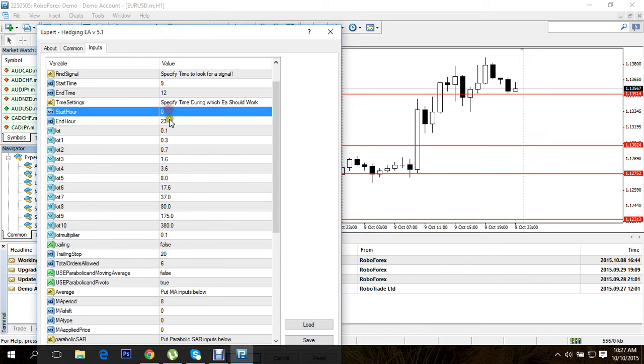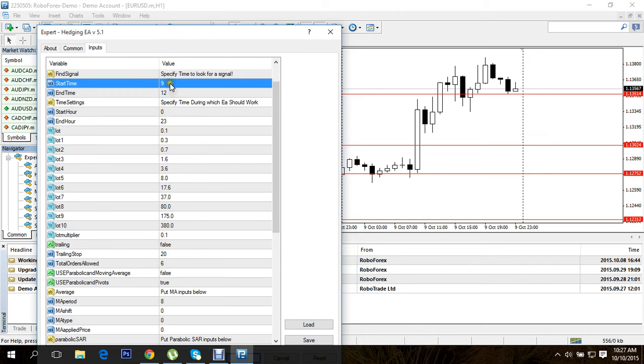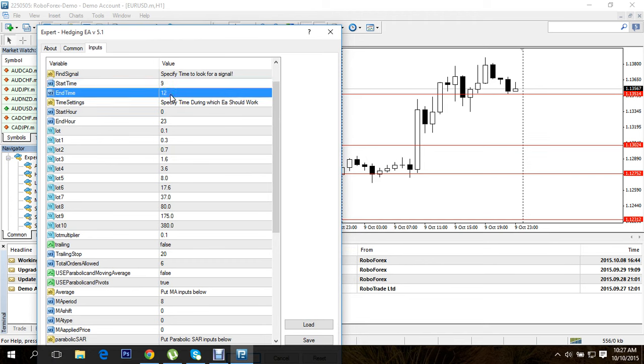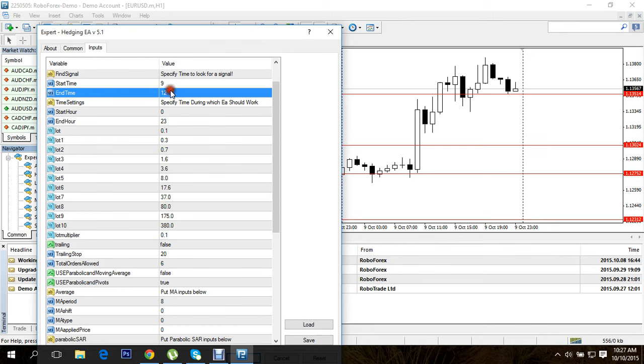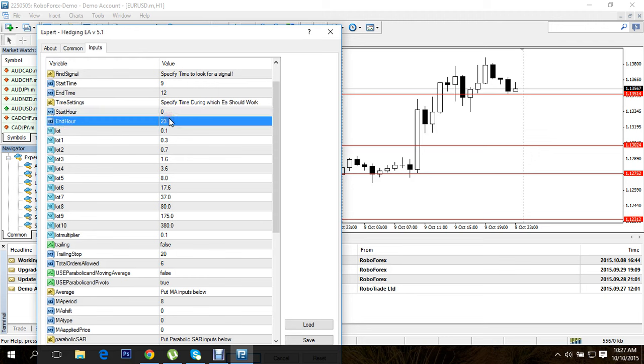These two variables are for the first trade. You look for a signal between these times. If you find a signal, place a trade, start the hedging sequence. If you don't find any signal between these times, no worries, don't place any trade, wait for the next day. But these variables tell our EA to work as a whole, I mean the complete EA.